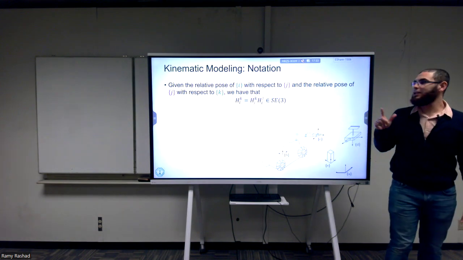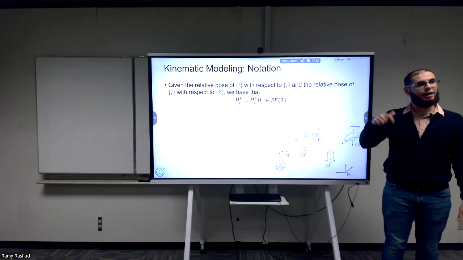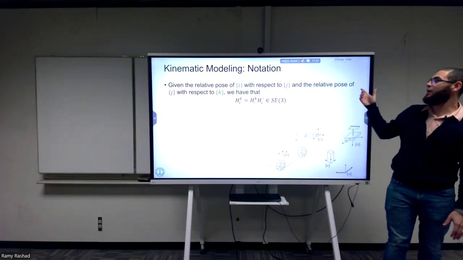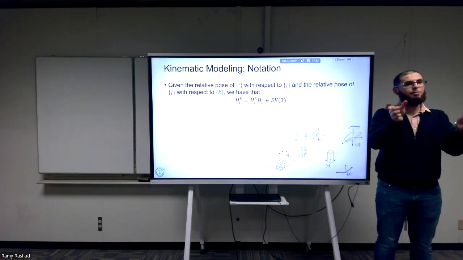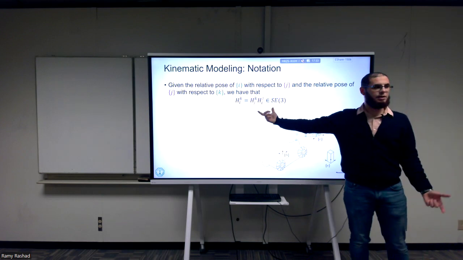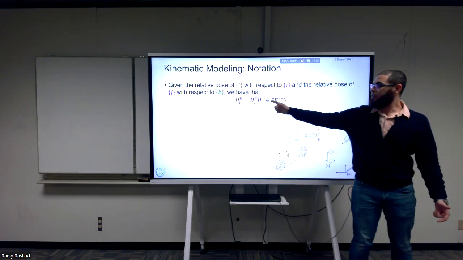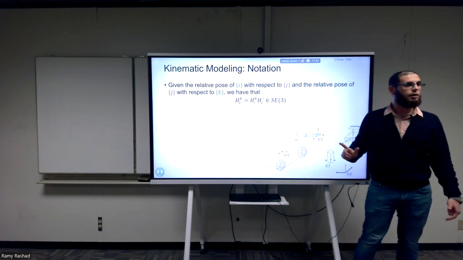If we're given the relative pose of frame I with respect to frame J, and then we're given another piece of information of the relative pose of frame J with respect to frame K, then the group multiplication of SEN does the following. It relates the frame I with respect to frame K in this manner. Okay?